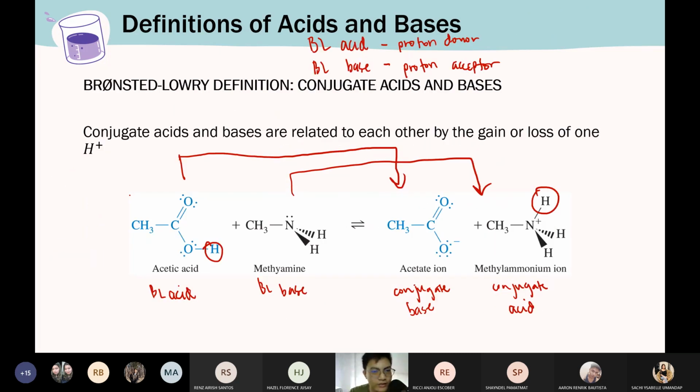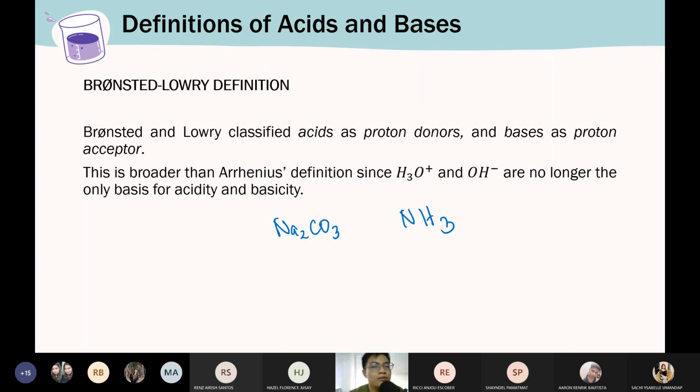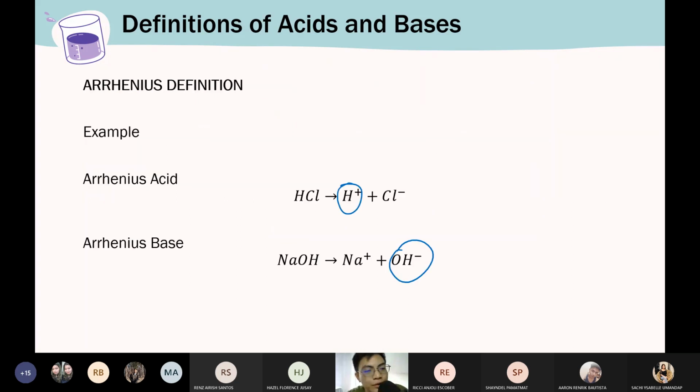So those are the three definitions of acid and bases that you really have to remember. No? So it is a requirement na kailangan kabisado nyo siya. Okay? So madali lang naman. Kapag Arrhenius, yung H plus donor, siya yung acid. OH minus donor, siya yung base. Okay?